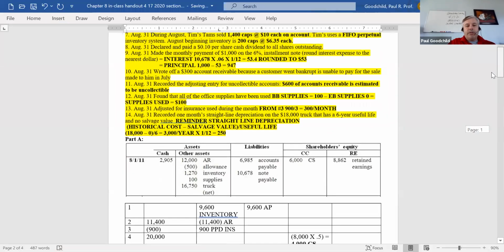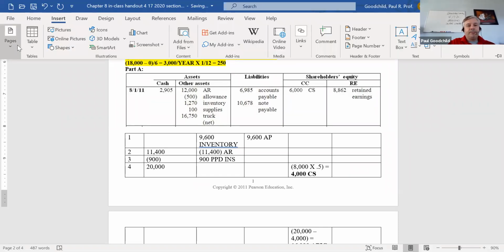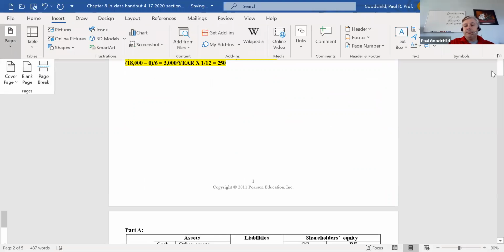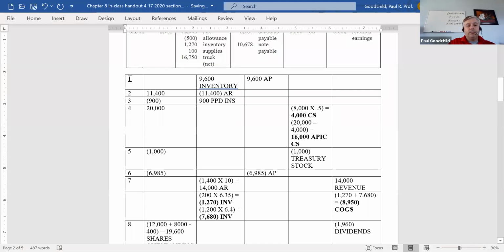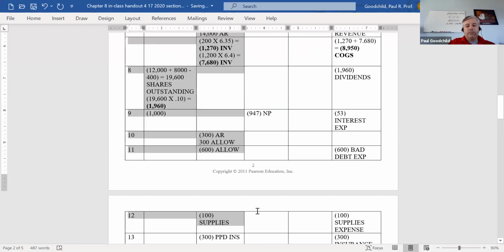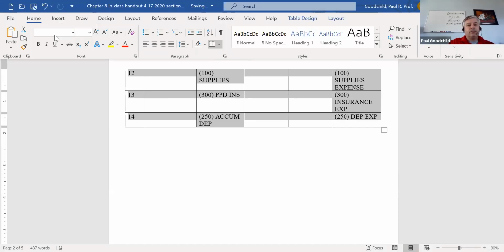So what I'm going to do here is try to get this all onto one page. Sorry, the control bar is kind of in the way.